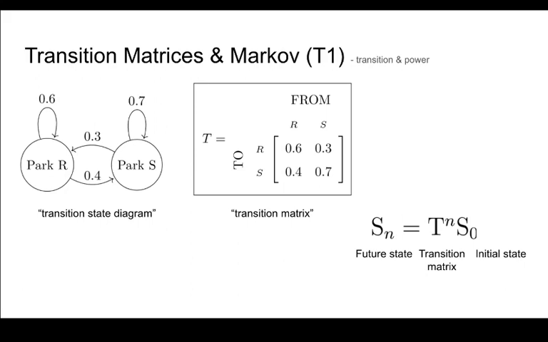Because the thing with transition matrices is that from the same part, the probabilities are always adding up to 1.